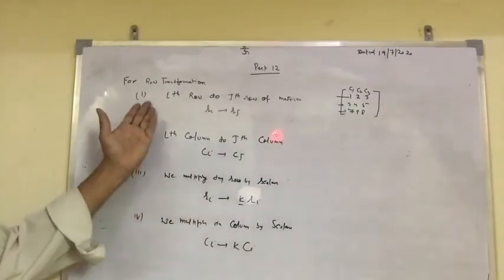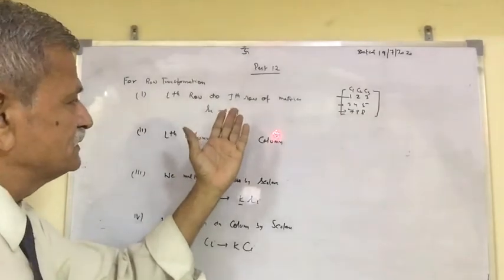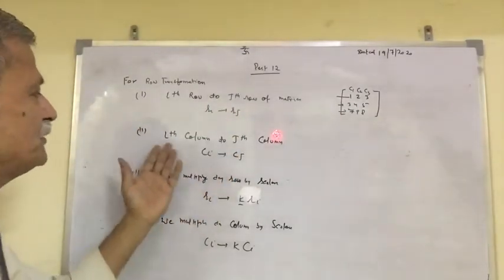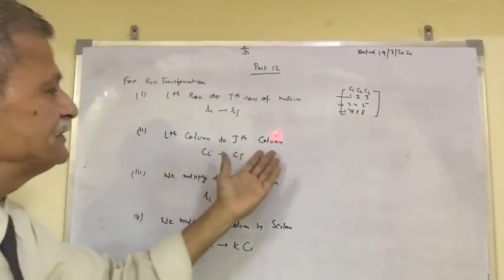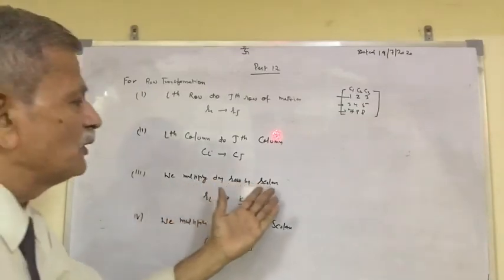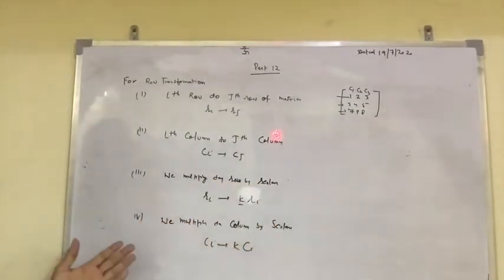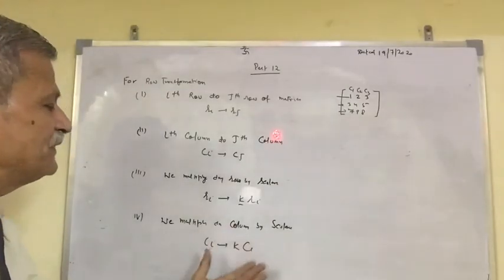So we have: the first rule is you interchange the ith row with the jth one. The second rule is you can interchange the ith column with the jth column. Third, we multiply any row by a scalar. Fourth, we multiply any column by a scalar.